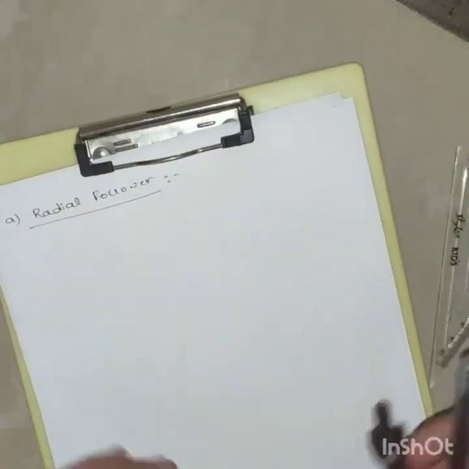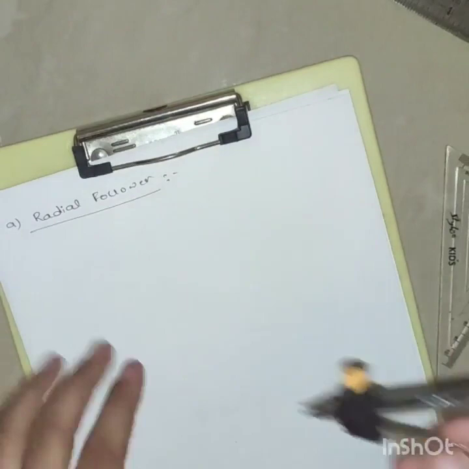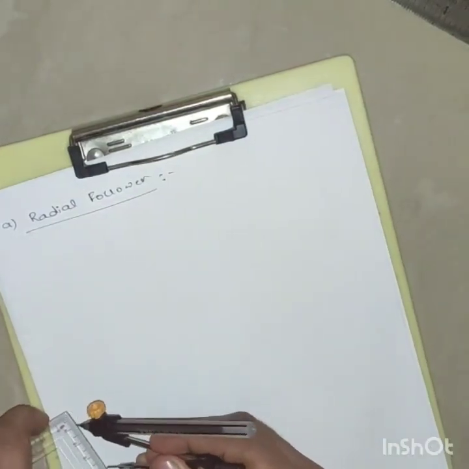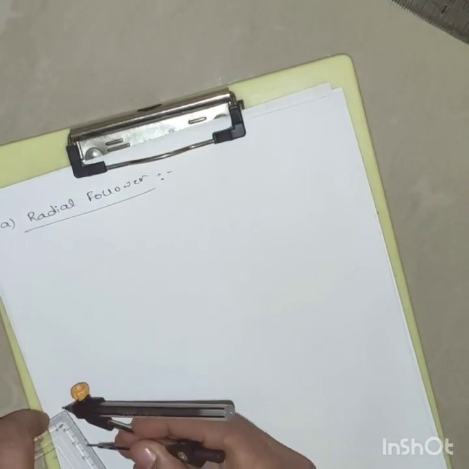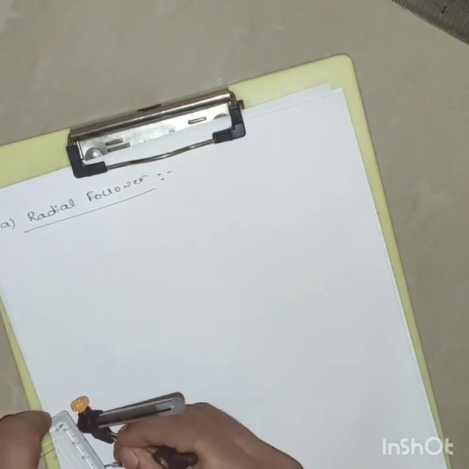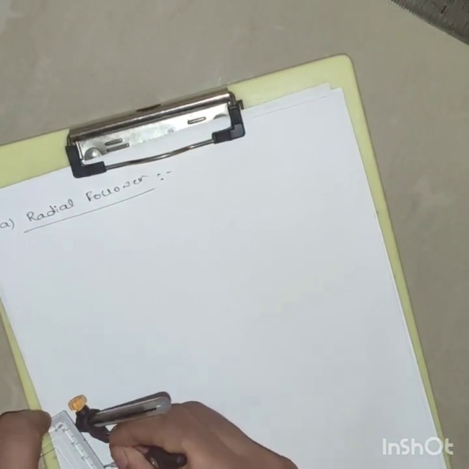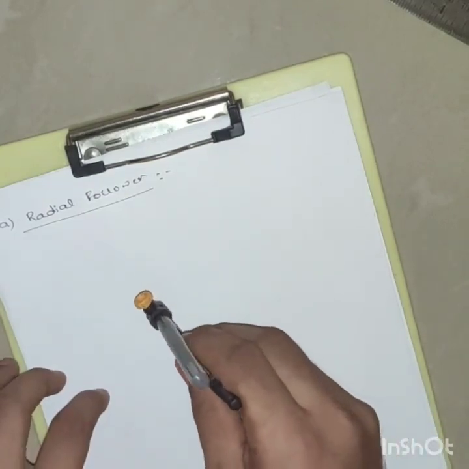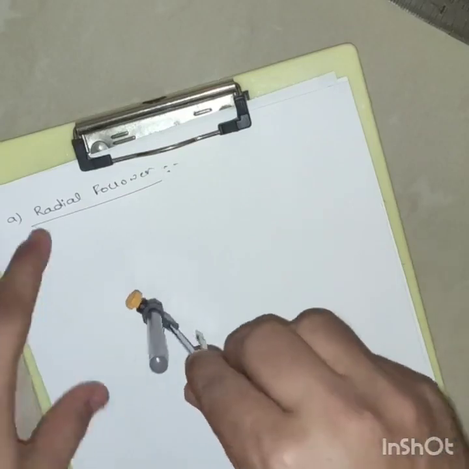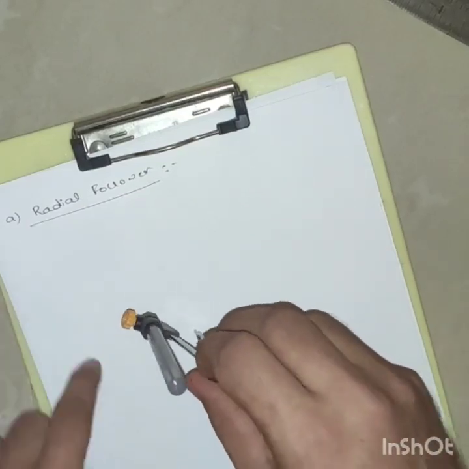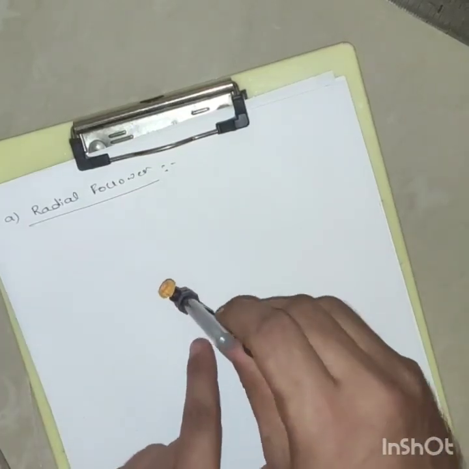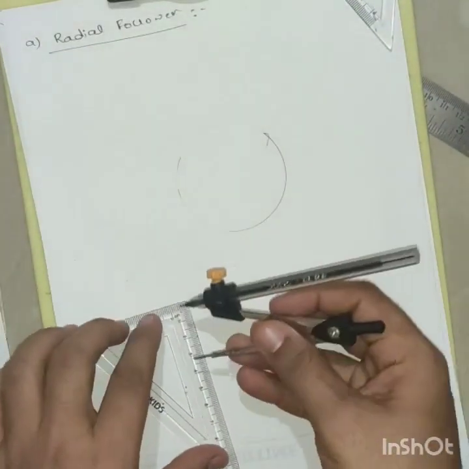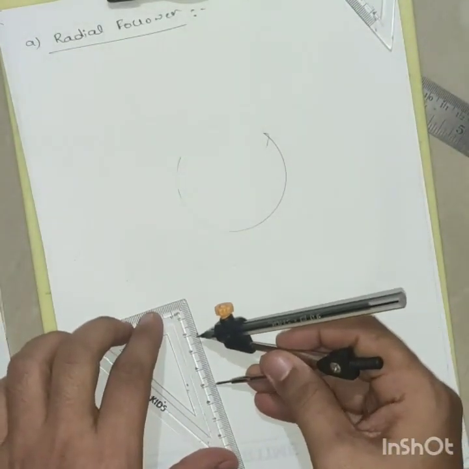So first I'll draw that 3 centimeter circle. Make enough space here. Okay, you need more space here. Now draw the 3 centimeter circle, which is the base circle of the cam.